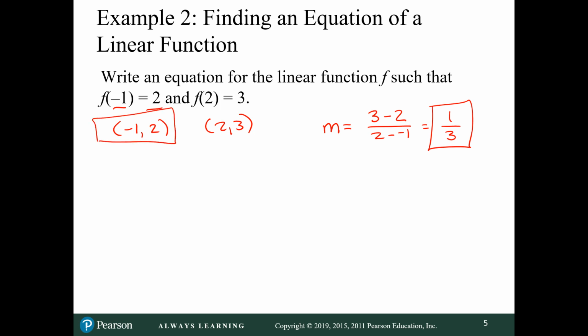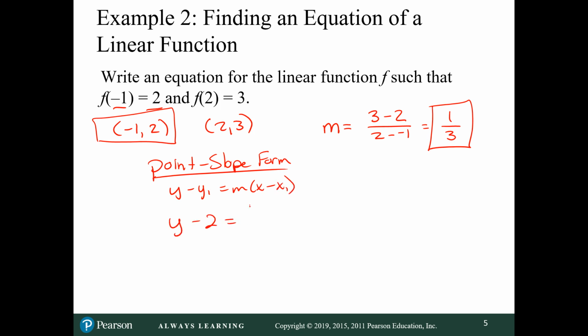If I have a point and a slope, I put it into point-slope form, which is y minus y1 equals m times (x minus x1). So y minus 2 equals 1/3 times (x minus a negative 1).